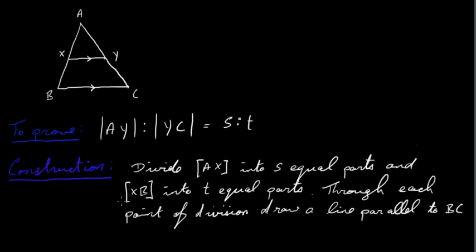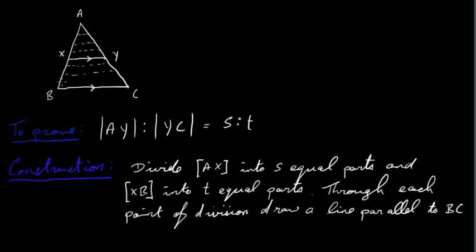Okay, so let's do that then. We're going to divide AX into S equal parts, and let's say we'll do it like this. There's 1, 2, we'll do 3 here, and each of these lines then is parallel to BC. We're going to divide XB into T equal parts, so we'll just draw a line across here like this.